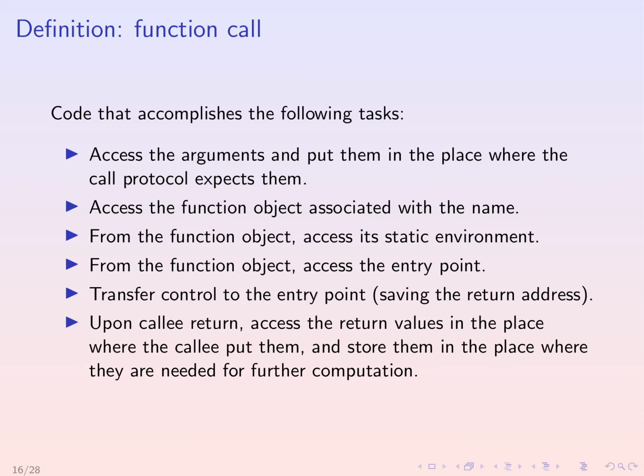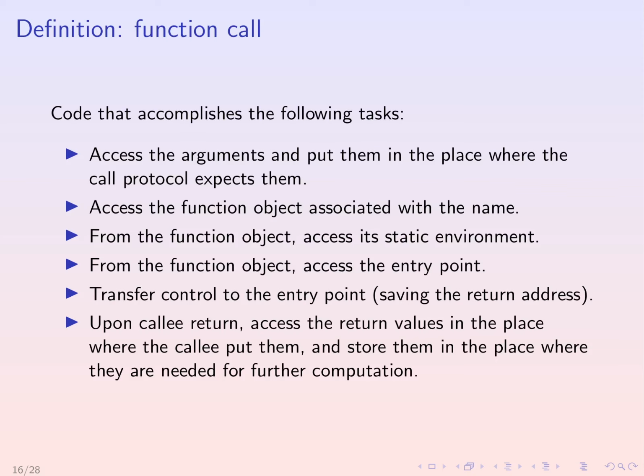For this talk, we're going to talk a lot about function calls, and we're going to define a function call in the context of this work to be the code that accomplishes the following tasks. It accesses the arguments and puts them in a place where the call protocol expects them. It accesses the function object indirectly, probably through a name. From the function object, it accesses the static environment, which is what happens when you have a closure. Then there are objects in that static environment that the callee needs to know about.